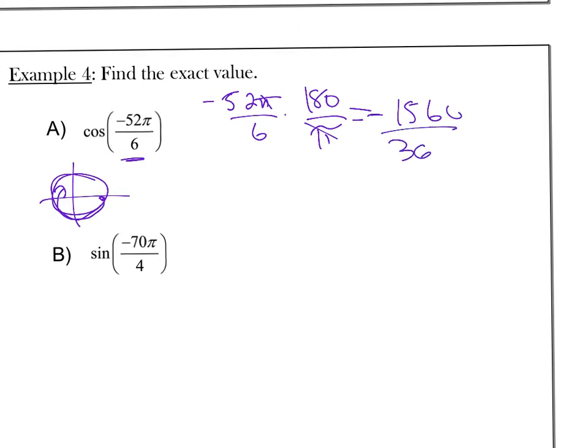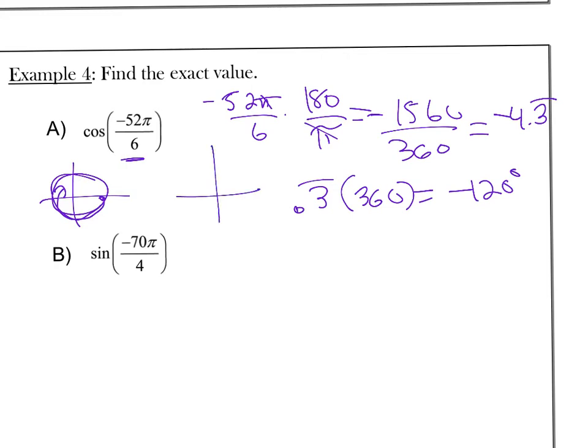Divide by 360, I end up with negative 4.3 repeating. So 0.3 repeating, 1/3 times 360 is going to give me negative 120 degrees. So I go negative 120 degrees this way.